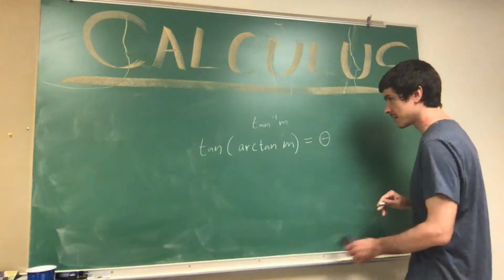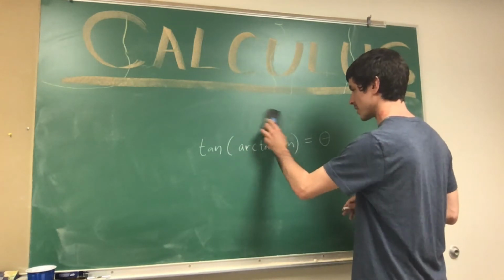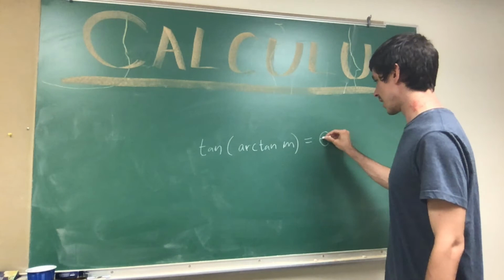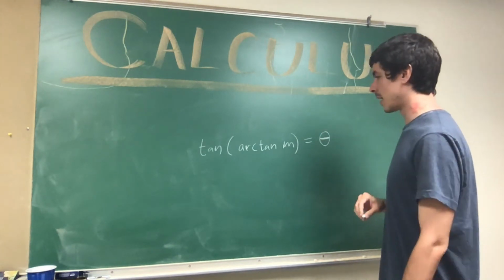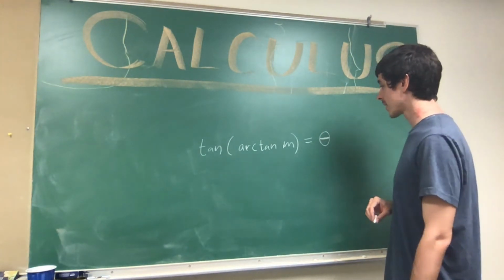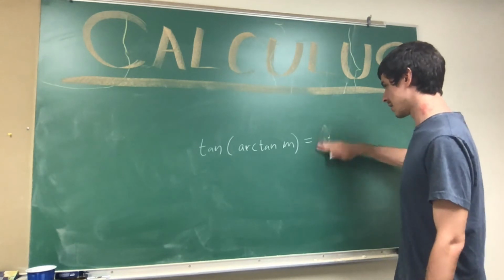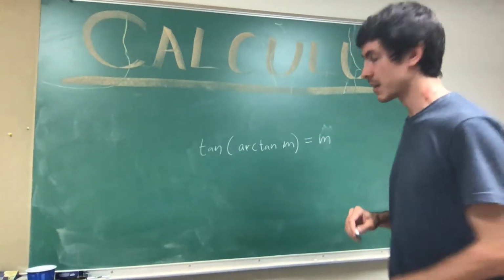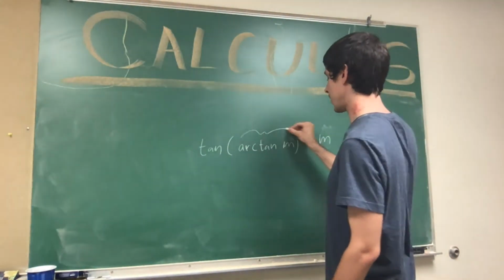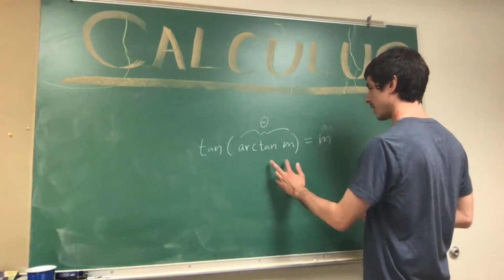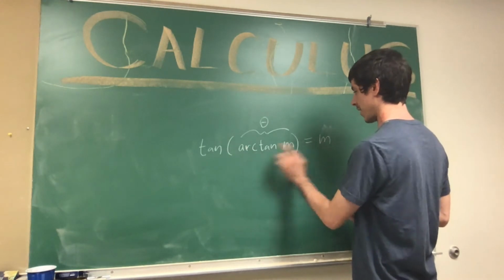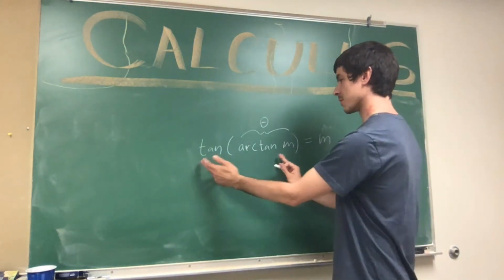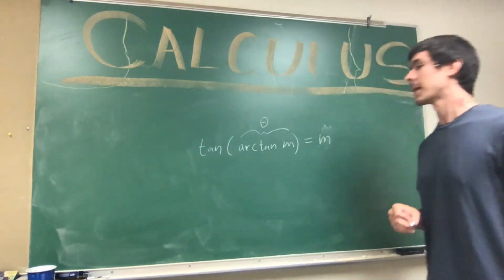I kind of like arctangent, but of course, tangent inverse is sort of more standard. What am I saying? This equals m. The tangent, because this right here, this is our theta. So tangent of theta equals m. Tangent of arctangent of m equals m. That's the way that inverse functions work.